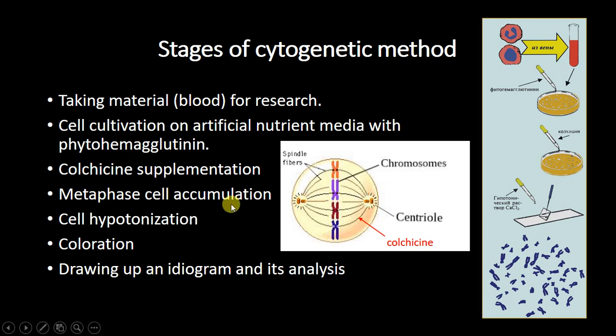After that, the next stage is colchicine supplementation. Colchicine is a drug which inhibits microtubule polymerization by binding to its constitutive protein tubulin. As availability of tubulin is essential to mitosis, colchicine may inhibit mitosis.